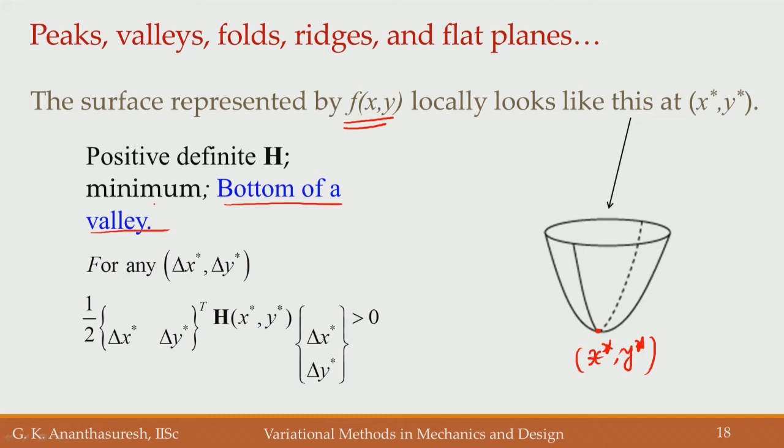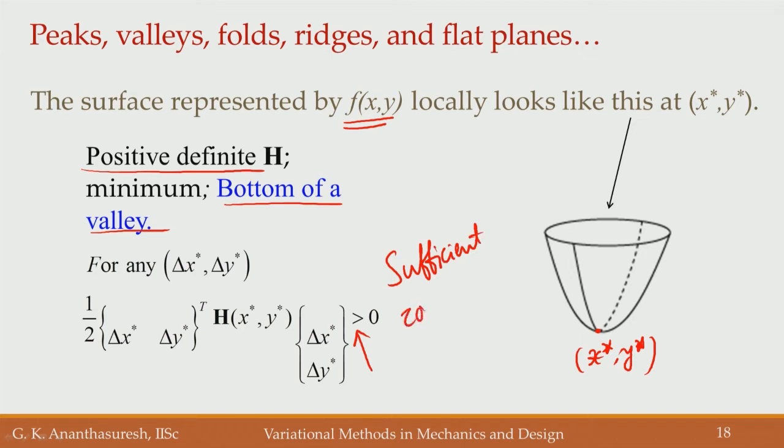That is a minimum. The condition for that is that this should be greater than 0, which means H is positive definite. That corresponds to a minimum, and that is the sufficient condition for two variables.